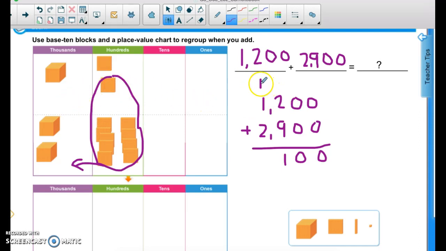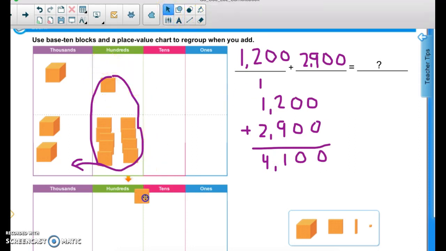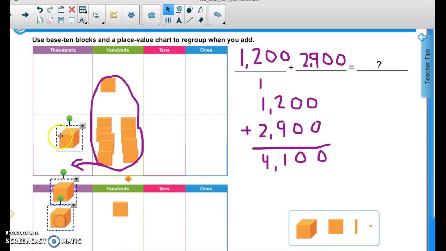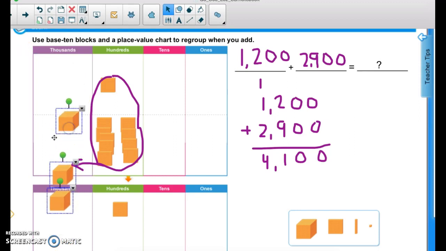That's my 1 that I moved over, and so now I have 4 thousands. So taking a look at that, we have 1 left over here, and then these get moved down here, right?